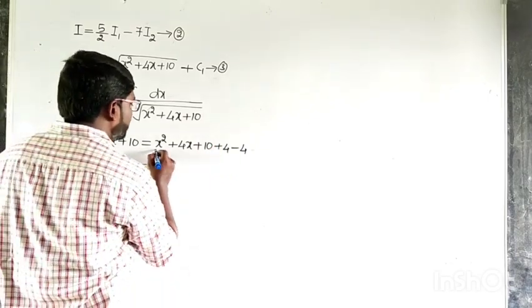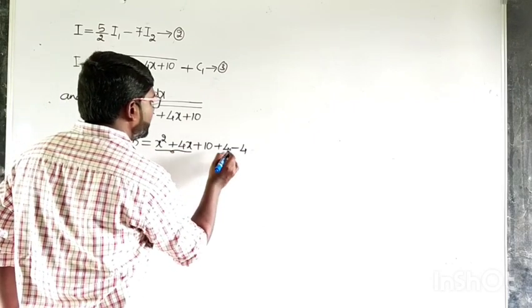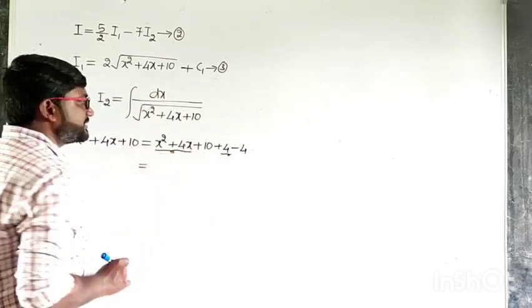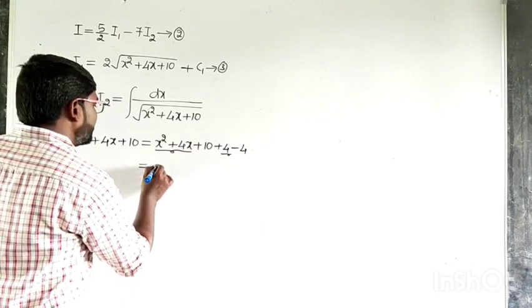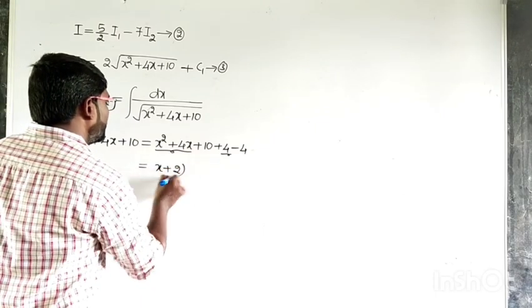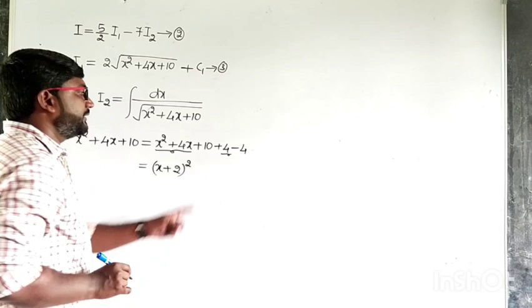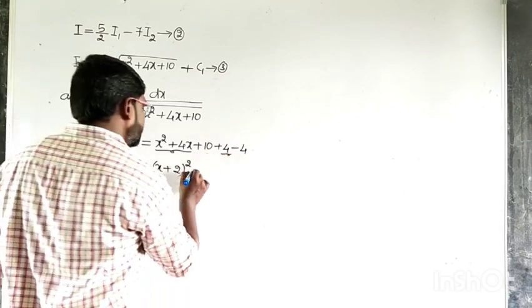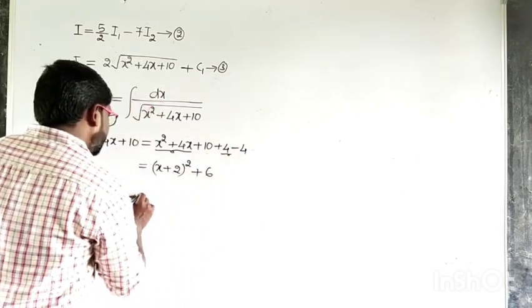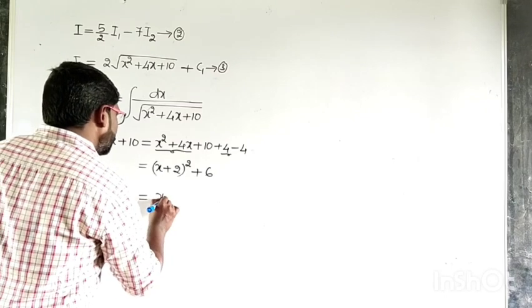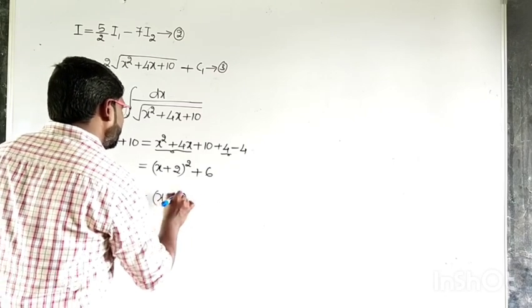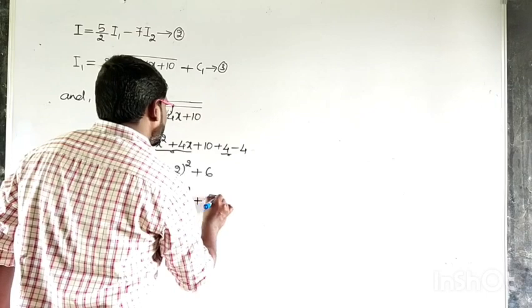So I take these two terms and 4. So x square plus 4x plus 4 can be written as x plus 2 the whole square, and then 10 minus 4 is 6. So I write plus 6. Then in the next step we can write this as x plus 2 the whole square plus root 6 the whole square.